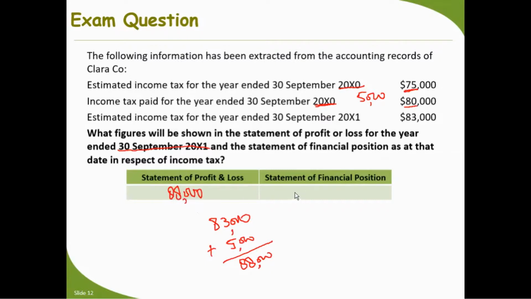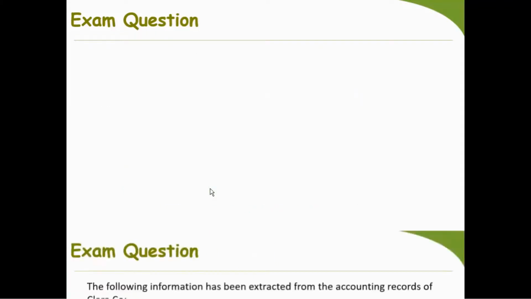Then for the statement of financial position, only the current year estimate will go as a current liability, which is how much? 83,000. So the charge in your SFP is 83,000 and the charge in your statement of profit and loss is 88,000.